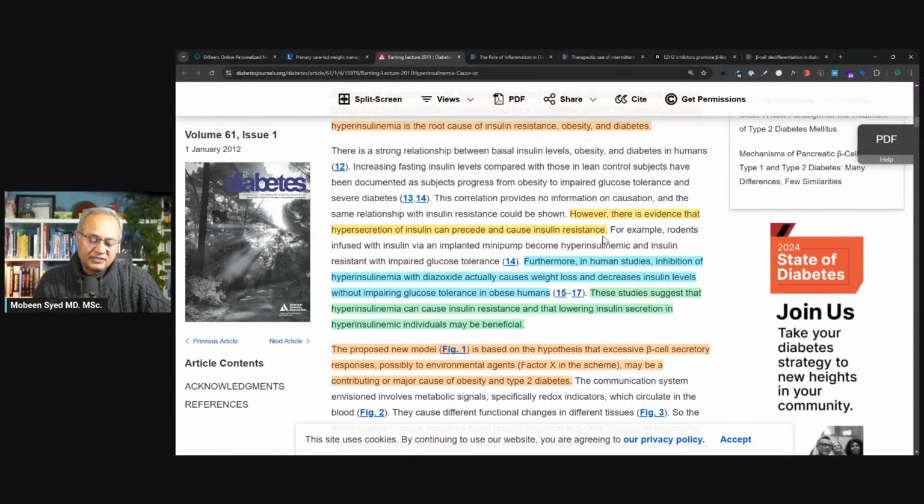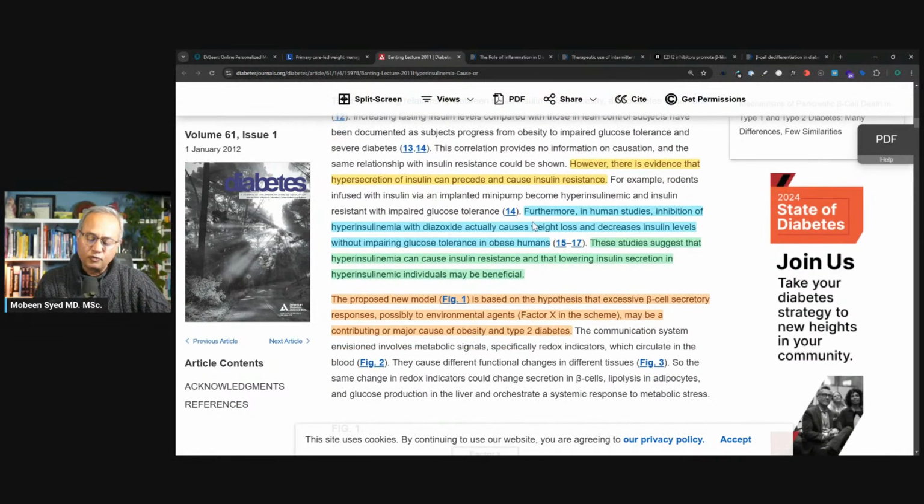However, there is evidence that hypersecretion of insulin can precede and cause insulin resistance, and precede the diabetes. Furthermore, in human studies, inhibition of hyperinsulinemia with diazoxide actually causes weight loss and decreases insulin levels without impairing glucose tolerance in obese humans.